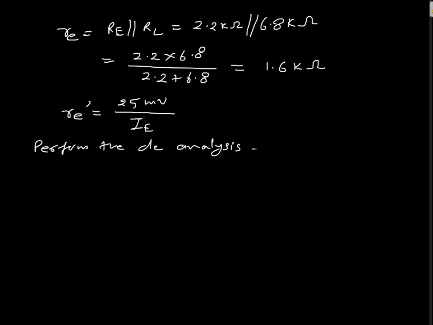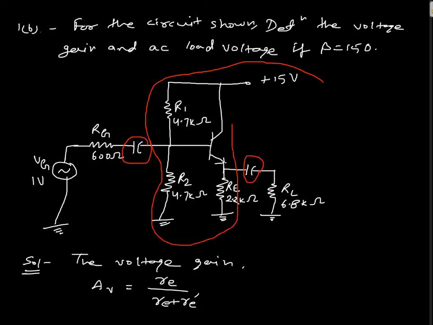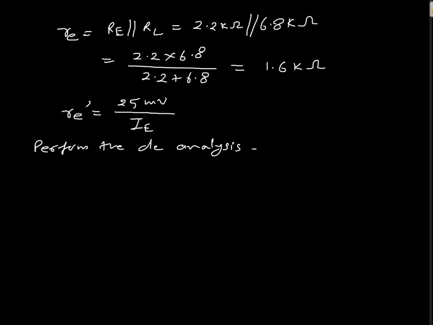For DC analysis, the capacitors will be open, so the remaining circuit we are going to solve. If you see the remaining circuit, we get this part of the circuit for the DC analysis. So let's redraw this.